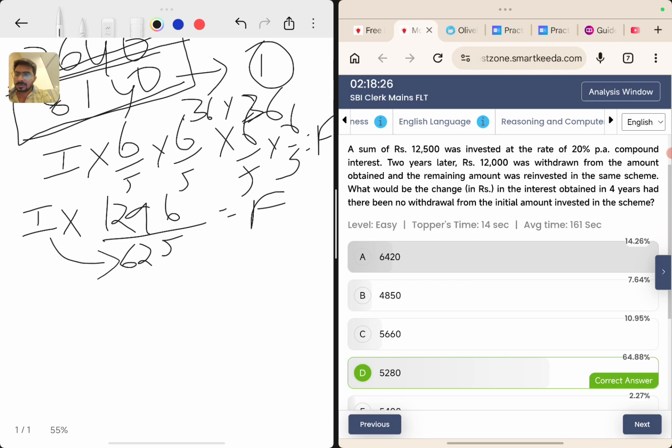Initial amount is always less and final amount is always bigger than initial amount. So I will directly take the ratio between initial and final.